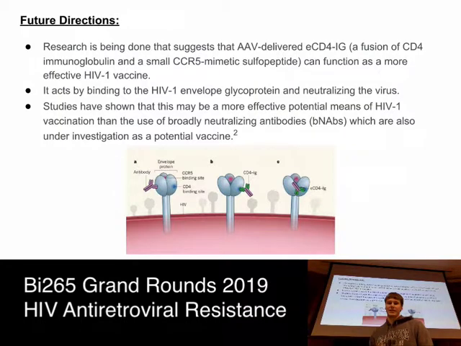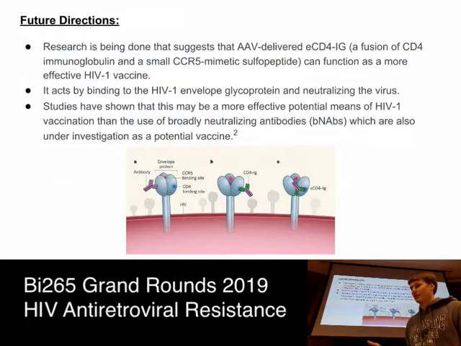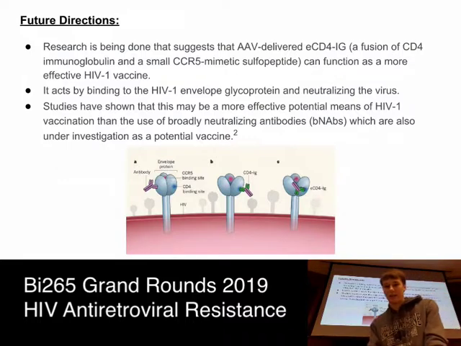What this does is it binds to some of the glycoproteins on the HIV-1's envelope and prevents it from being able to enter the cell. And there are several other similar mechanisms that are being investigated to potentially yield a vaccine for HIV-1.